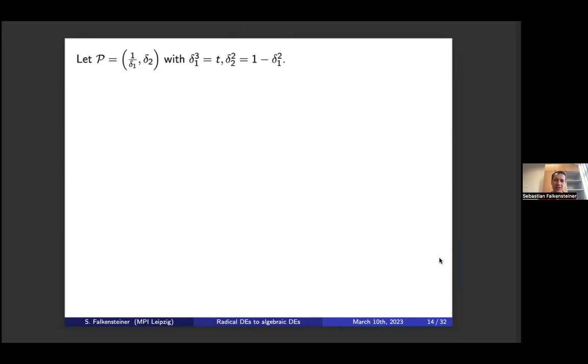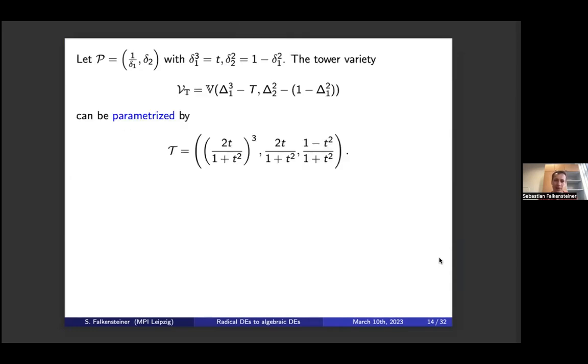So coming back to this example where the dimension is 1, we have given the Tau variety from the radical parametrization, and this can be parametrized. You can use, for example, Maple if you want to do so.